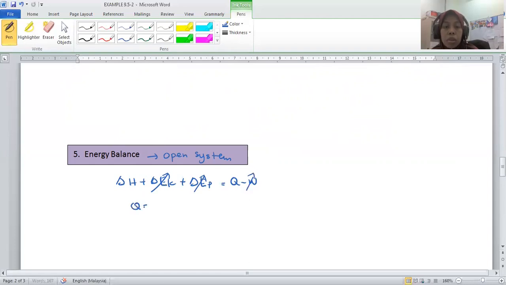So Q equals delta H, which is equivalent to negative 15.3 megajoule. So that's the final answer for this particular question.